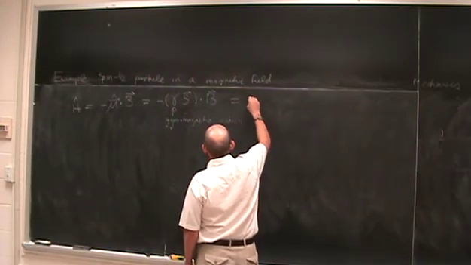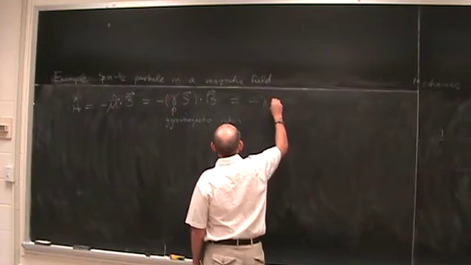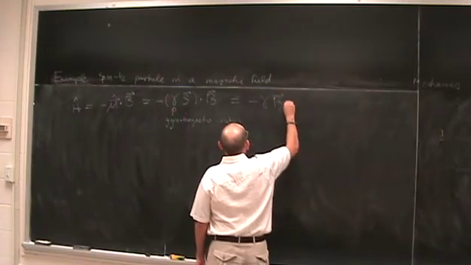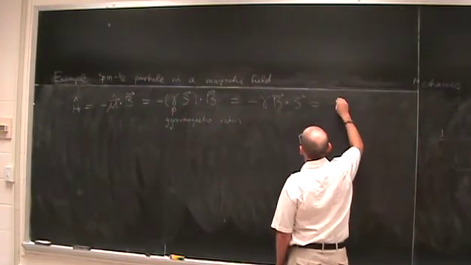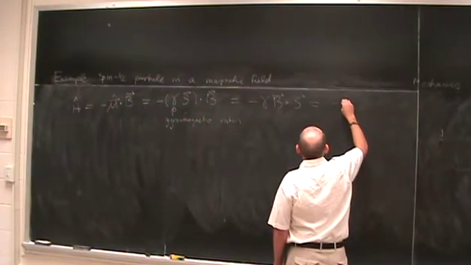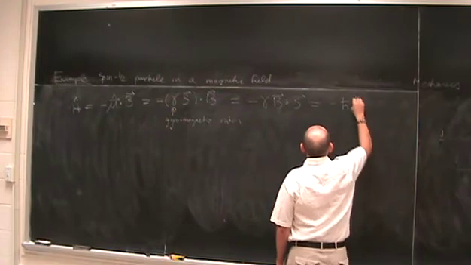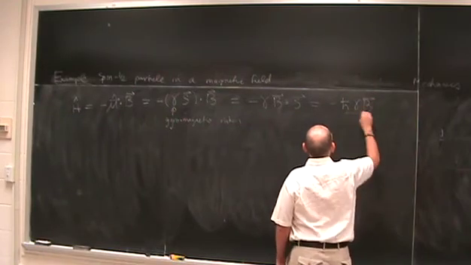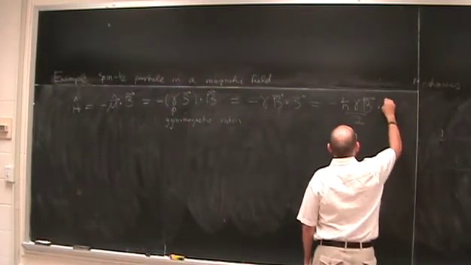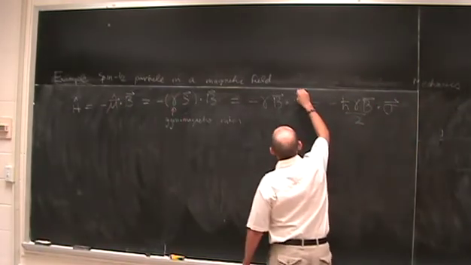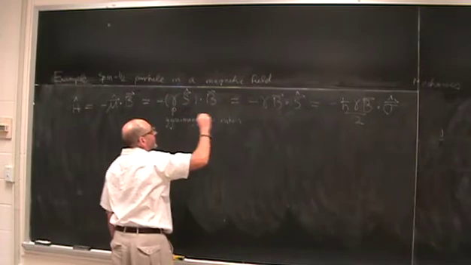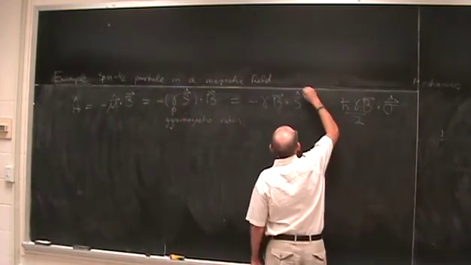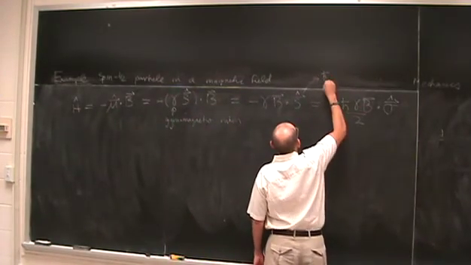Let's write this out as minus gamma B dot S, and S is equal to h-bar over 2 sigma. So S is h-bar over 2 sigma.